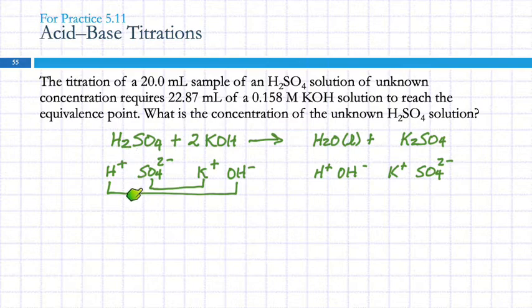So let's look at sulfur. This is one where we're swapping partners, and so sulfate stays intact. So there's a sulfate here and there's a sulfate there. So that's okay. Let's look at the hydrogens now. I've got 2 hydrogens here and 2 hydrogens here. That's a total of 4. How many hydrogens on the right side? 2.